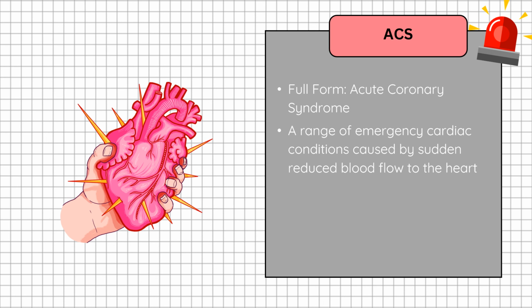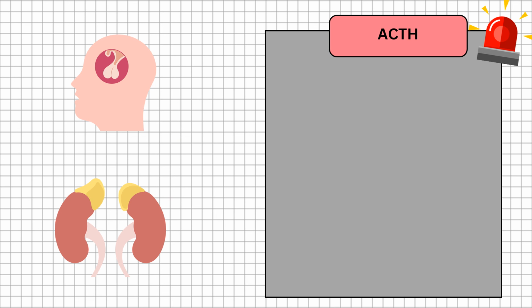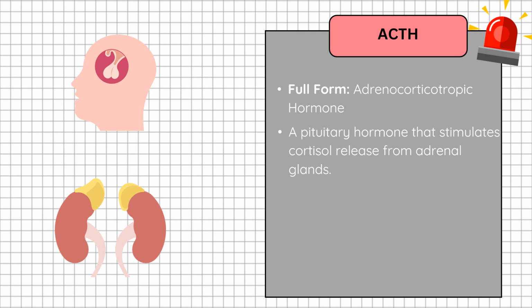The next term is ACTH. The full form of ACTH is adrenocorticotropic hormone. This is a pituitary hormone that stimulates cortisol release from the adrenal gland.